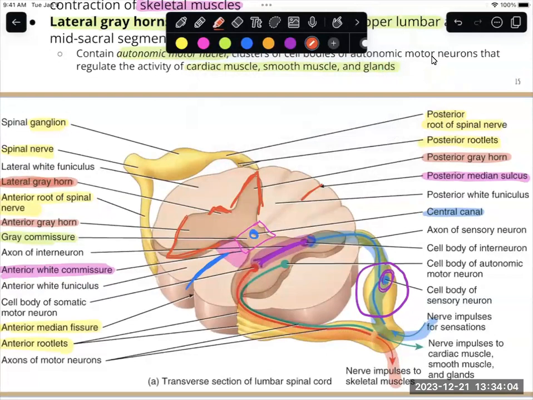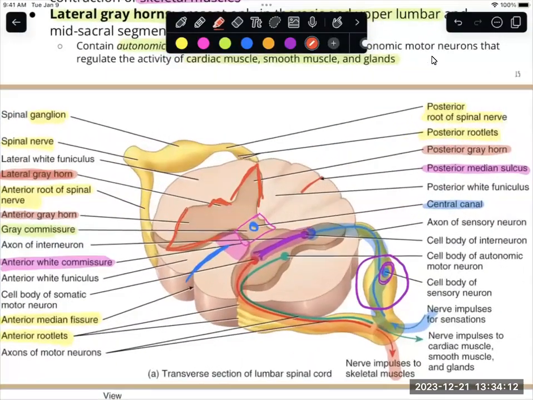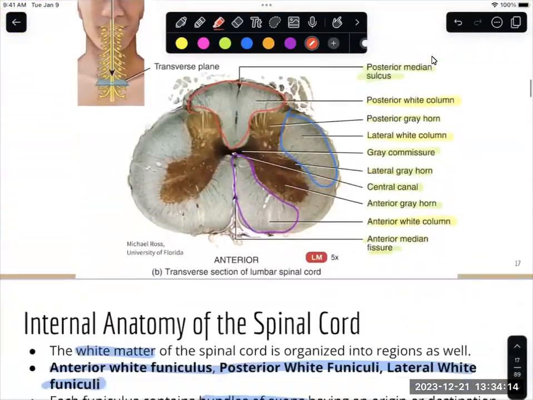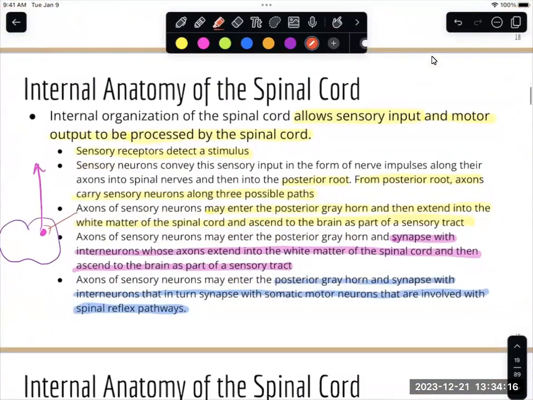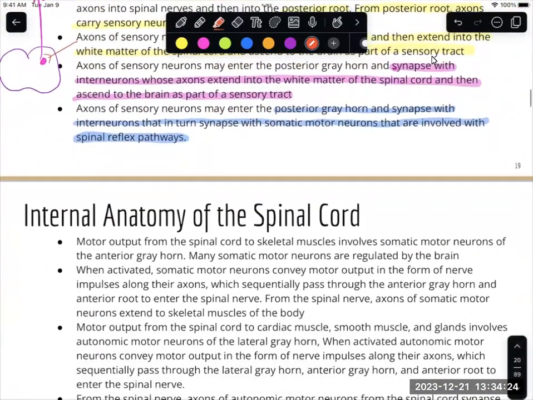That is how a reflex works. We'll talk about other types of reflexes later, but that is how these reflexes work. This information goes into the spinal cord, it gets processed in the spinal cord through these interneurons, and then it sends this information right back out.